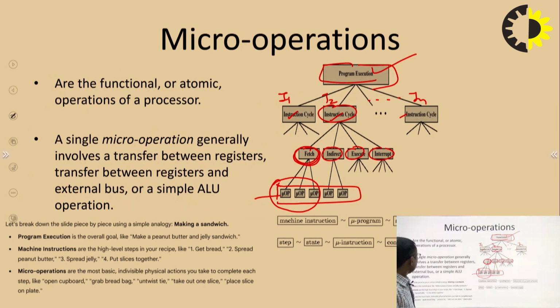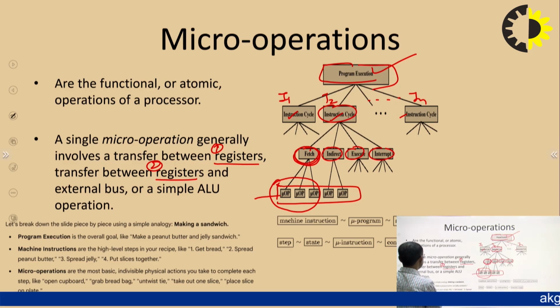A single micro operation generally involves a transfer between registers, or between a register and external devices like a memory location, and the third type is the ALU operation. So there are three classes of micro operations, or simply we can say the CPU performs three types of micro operations.